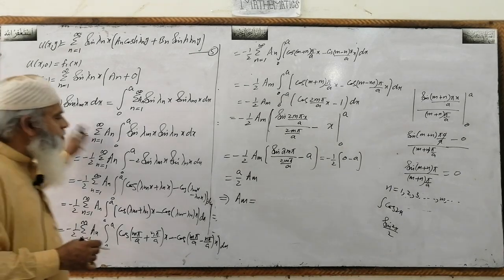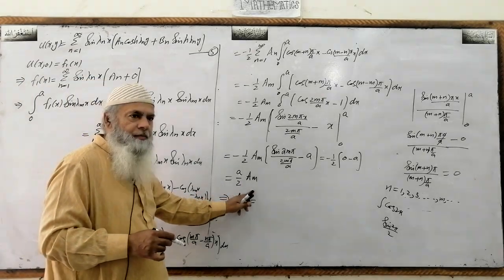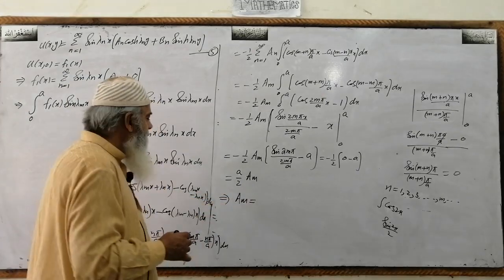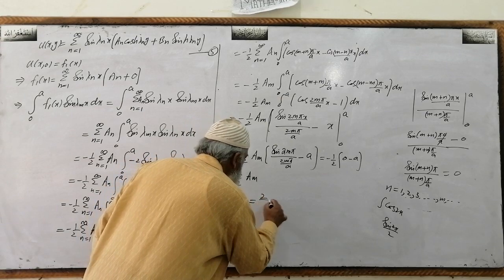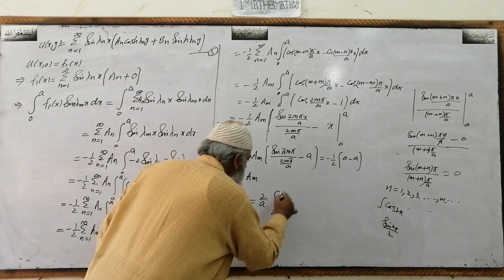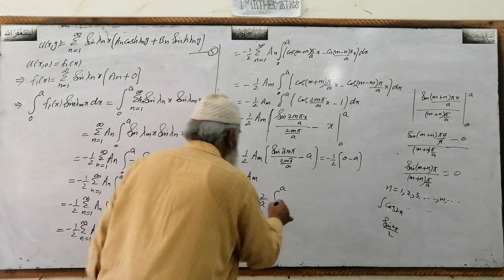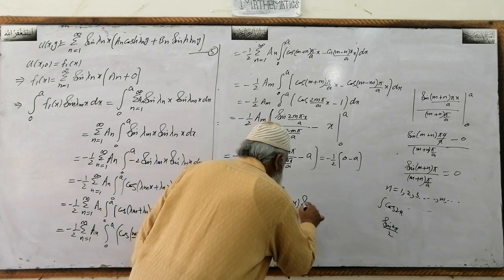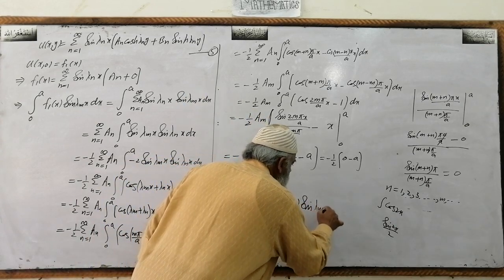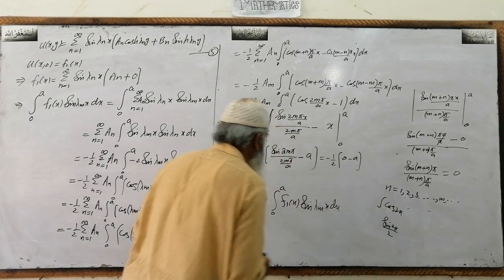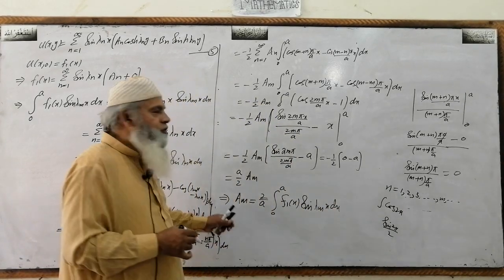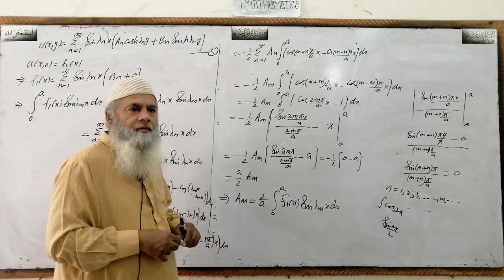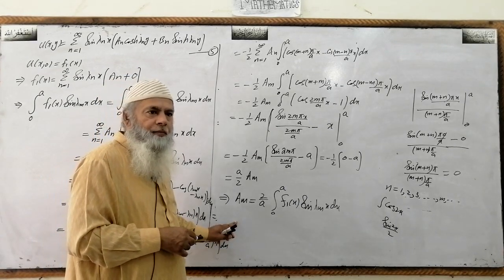This was equal to what? A by 2m, a by 2 a m. From here a m is equal to 2 over a integral 0 to a f1(x) sin lambda m x dx. We have to find the value of a n, and this is the value of a m.